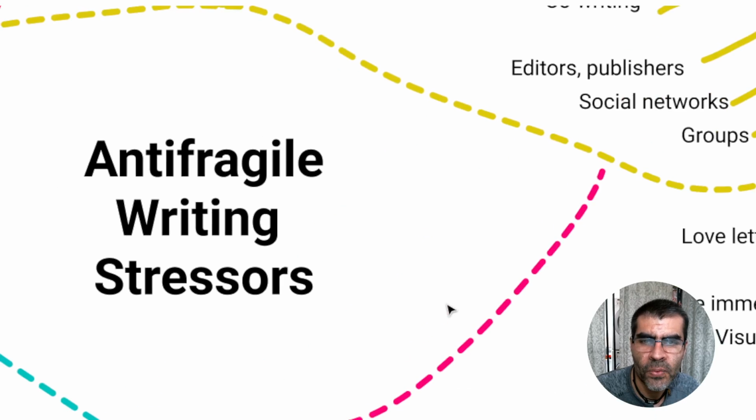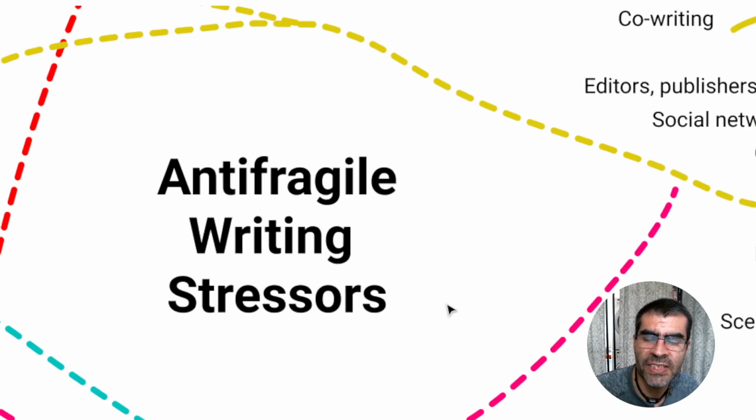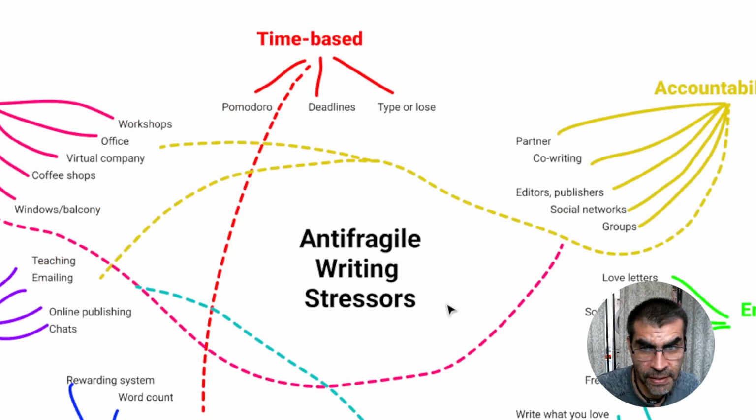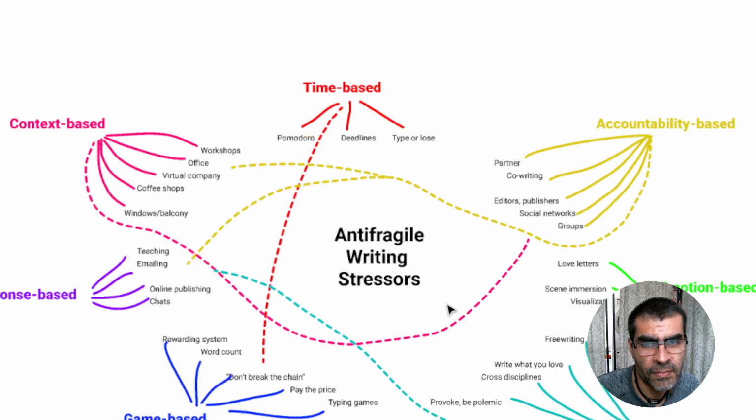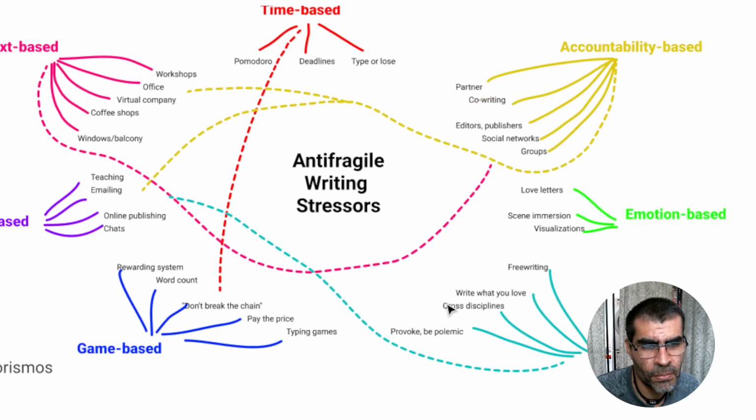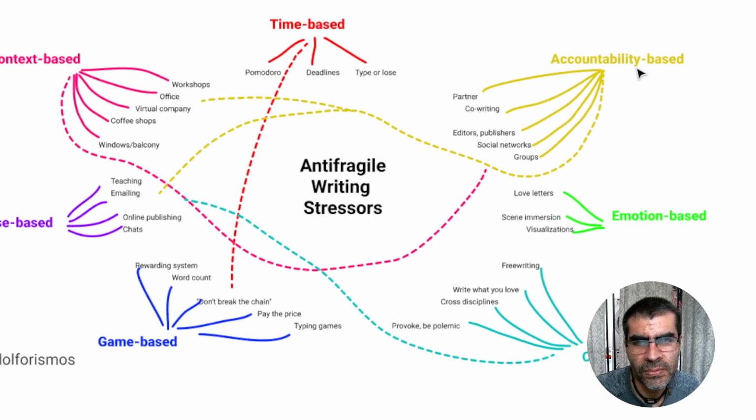The idea with all of these stressors is to explore which of them have worked for you when writing, and try to see if you can find a way to use these stressors to get better at your writing in the first stage. This is not a comprehensive classification or something, because some accountability, some context-based, can be connected with accountability.